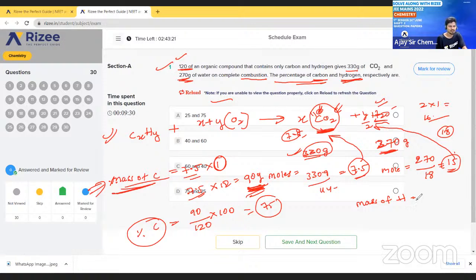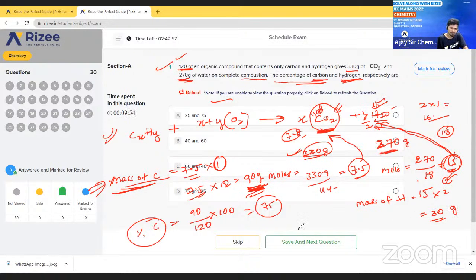Here two hydrogens are present, and the moles are 15. So 15 into two hydrogens, how much will we get? 30. Very simple. So 30 grams of hydrogen is present.